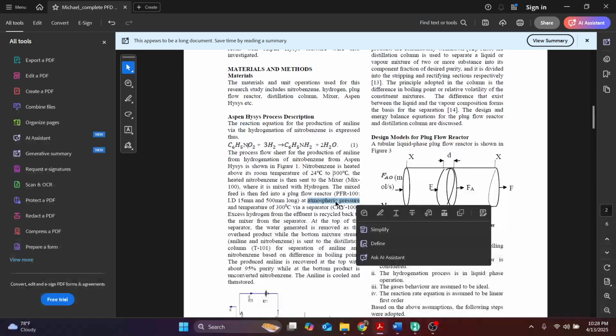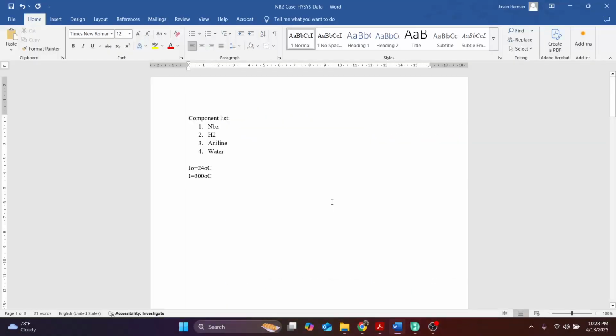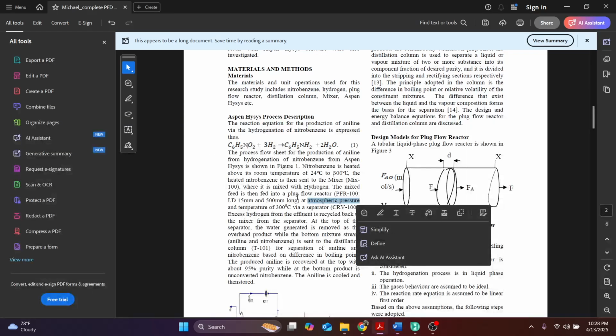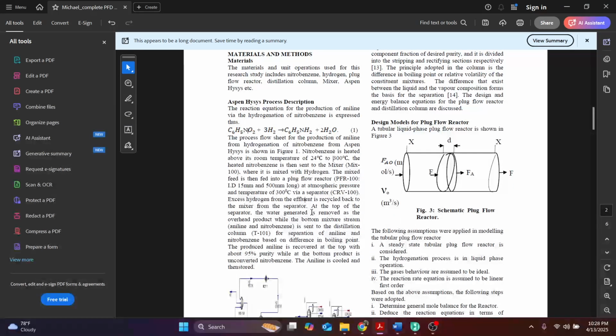This is important once again. The overall condition will be around 1 atm, or 101.325 kilopascal, with excess hydrogen.